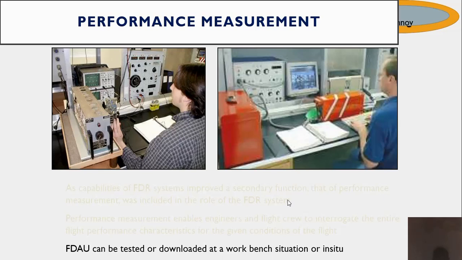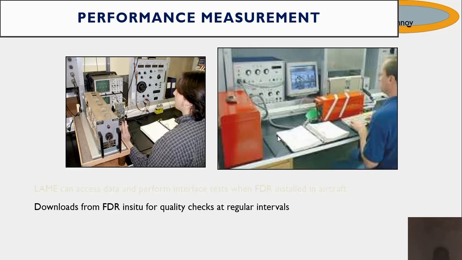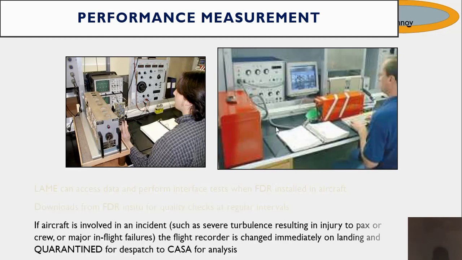The FDIU can be tested or downloaded at a workbench situation or in situ. LAME can access data and perform interface tests when the FDR is installed in the aircraft. Download from the FDR in situ for quality checks at regular intervals.